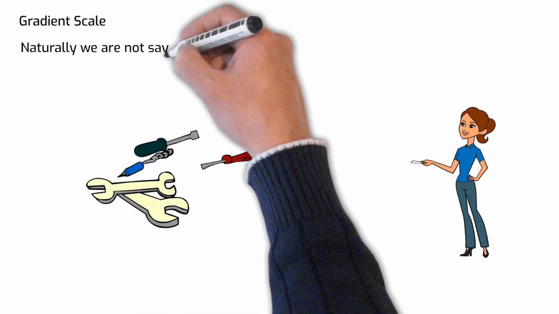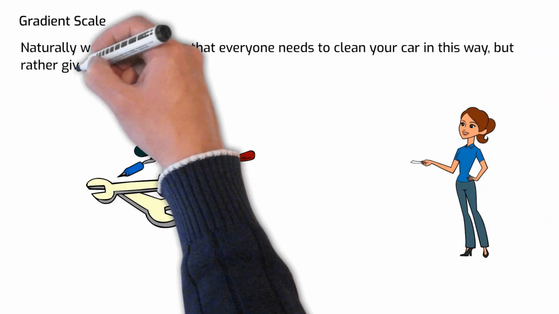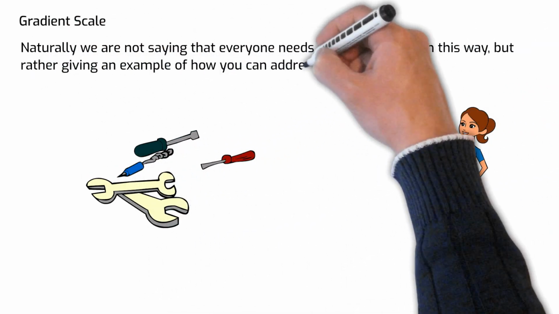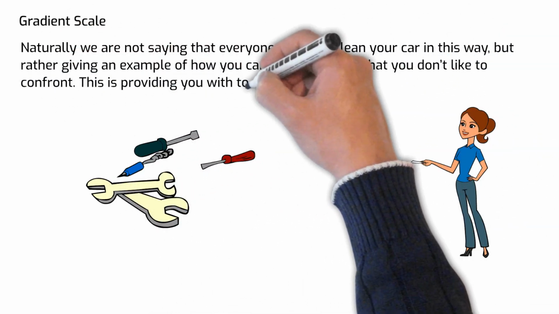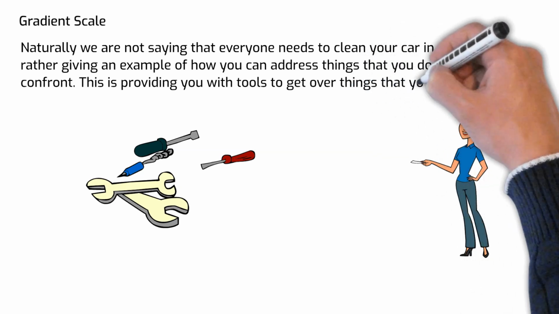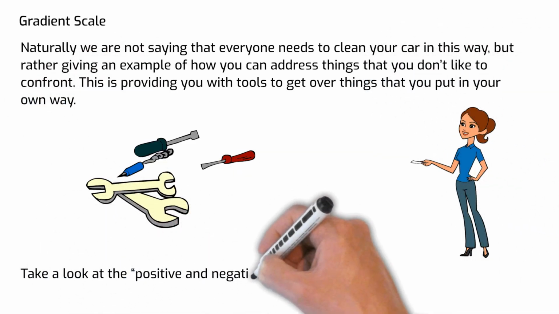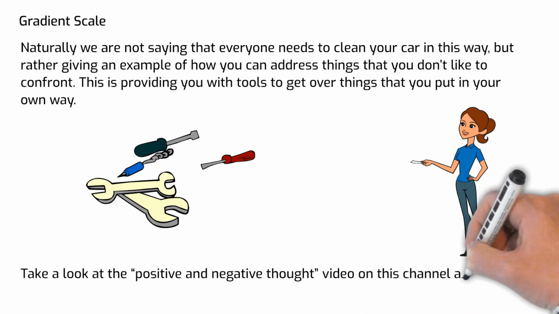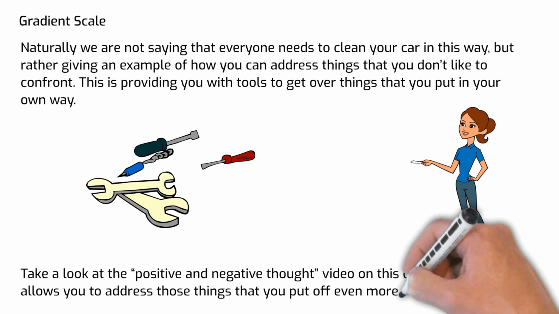Naturally, we are not saying that everyone needs to clean your car in this way, but rather giving an example of how you can address things that you don't like to confront. This is providing you with tools to get over things that you put in your own way. Take a look at the positive and negative thought video on this channel, as this allows you to address those things that you put off even more.